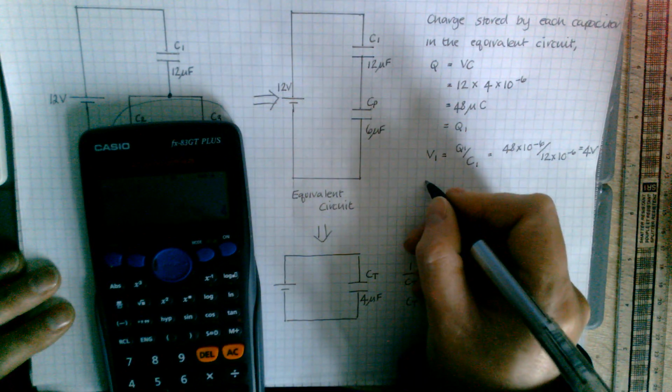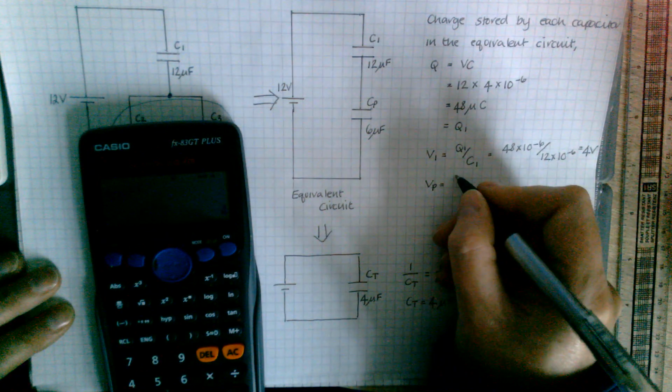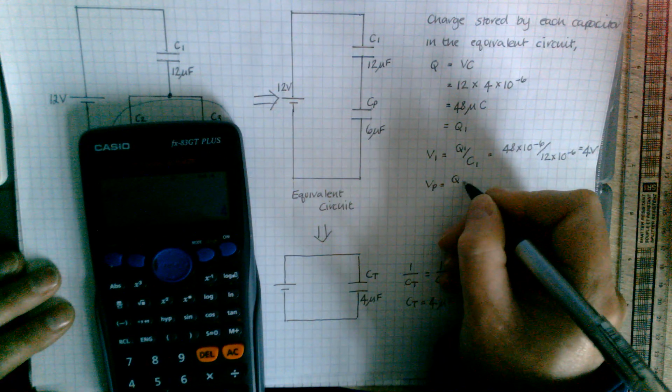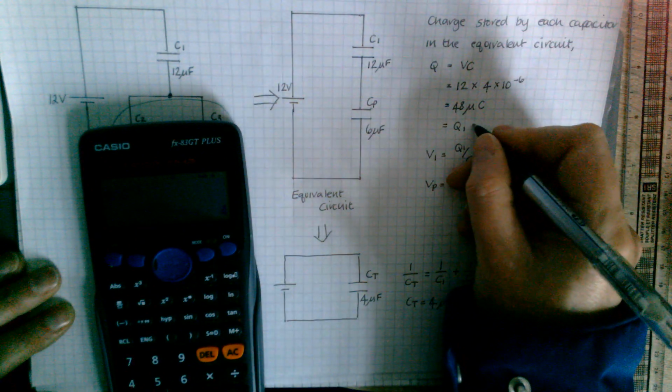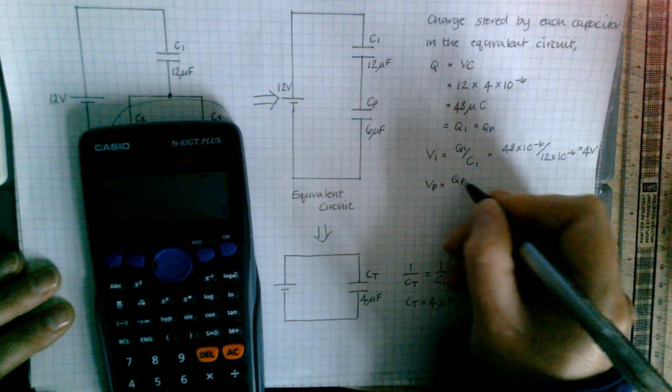To get the voltage across the parallel part, Q, which is this Q as well, call it QP if you like.